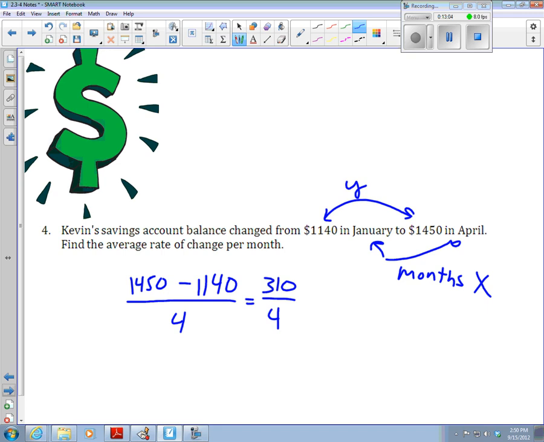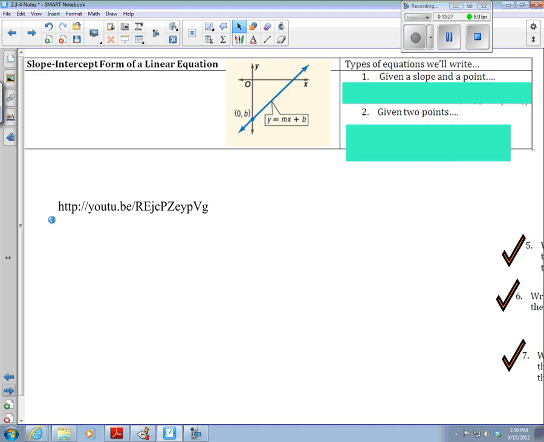And 310 divided by 4 is $77.50. What does that mean? The average rate of change is $77.50 per month. So he added $77.50 to his savings account per month. That's the average.